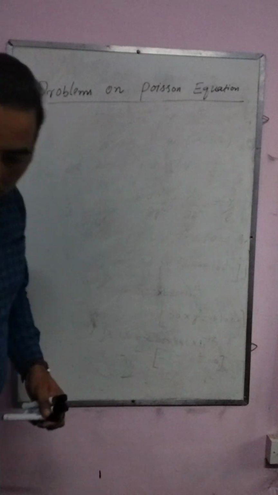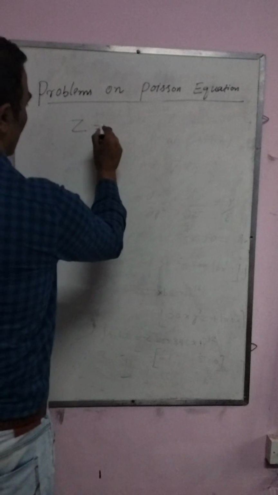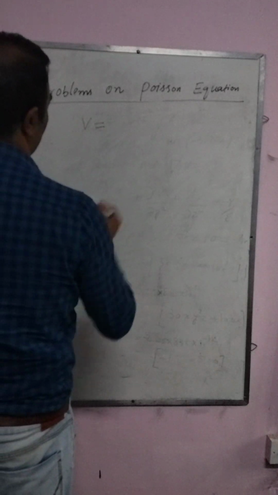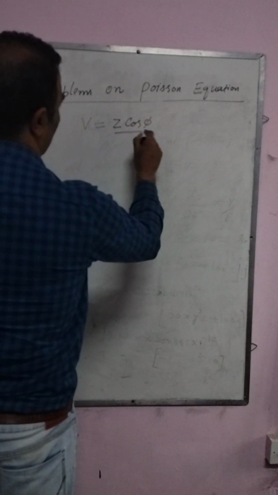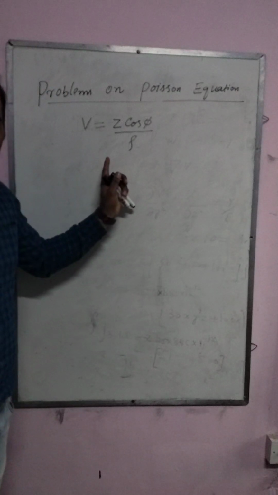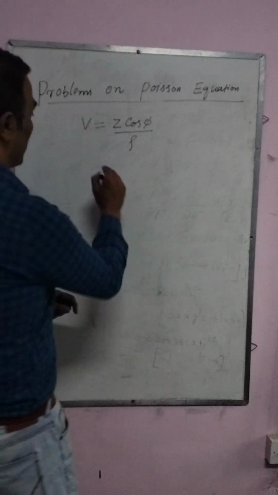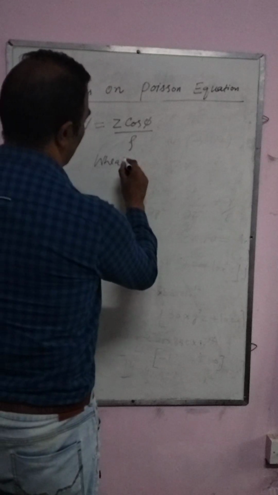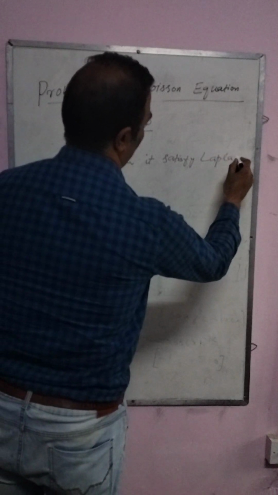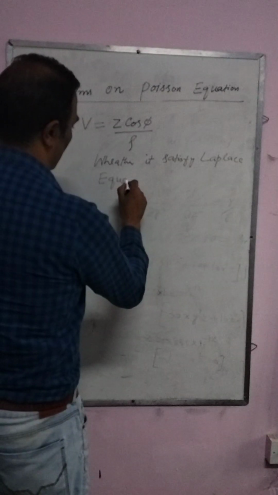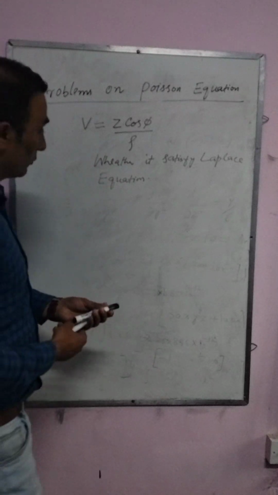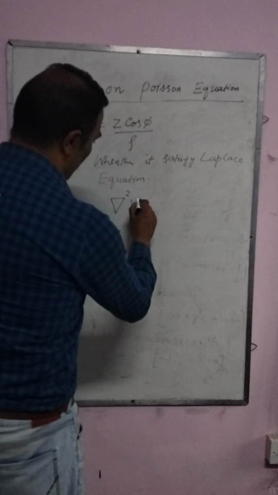So the potential is given to us, and we need to check whether it satisfies our Laplace equation or not. First of all, we need to calculate that Laplace square V should be equal to 0, right?